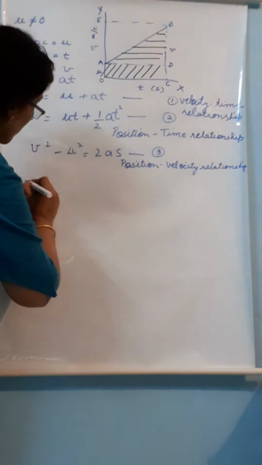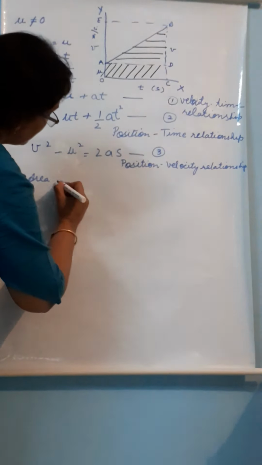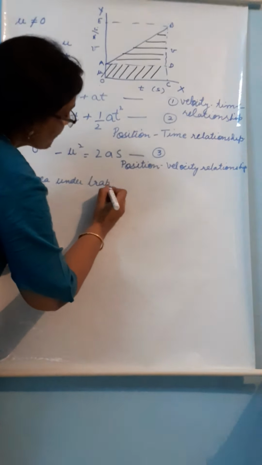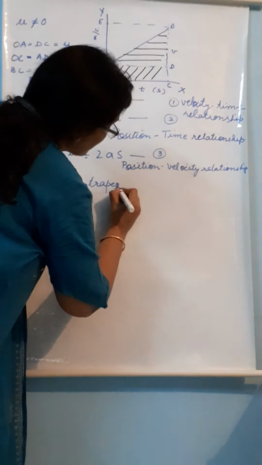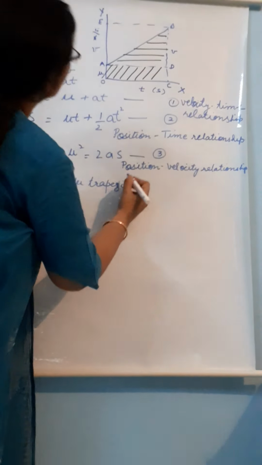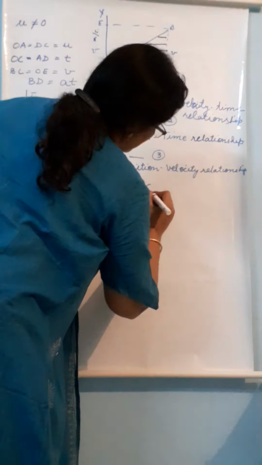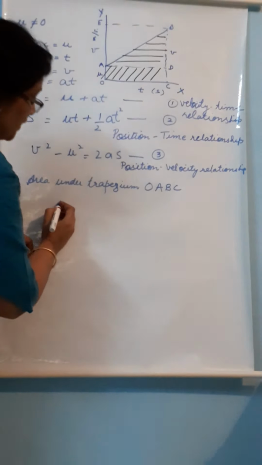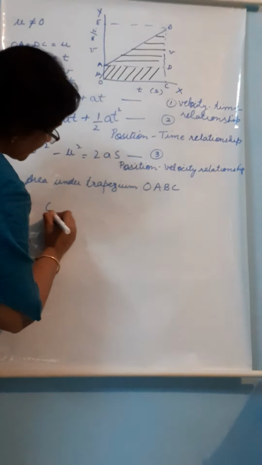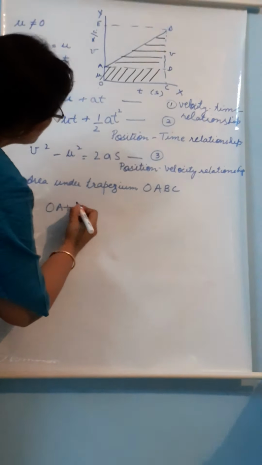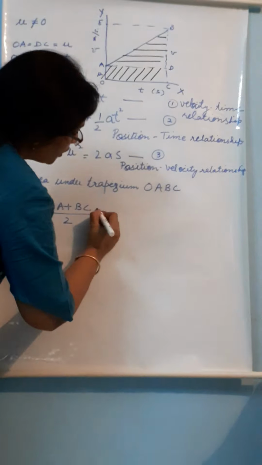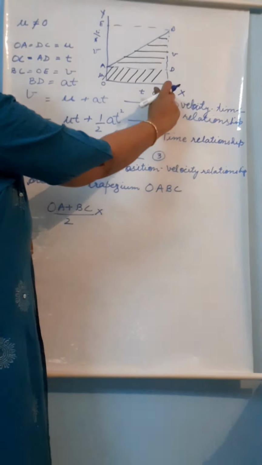Now we are going to find out the area under this trapezium OABC. Area of the trapezium is the sum of parallel sides, that is OA plus BC upon 2 into AD.